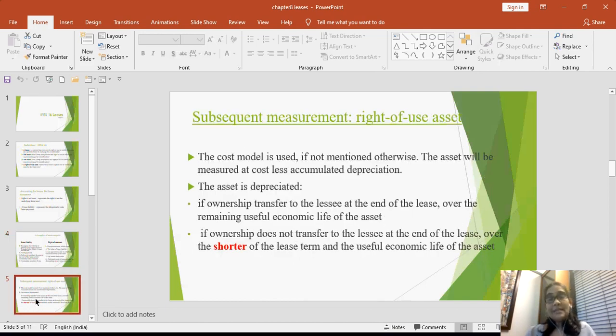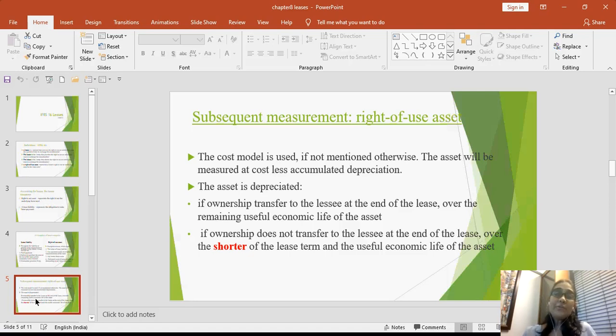What happens next? The subsequent measurement. As I said earlier, generally the asset is recognized at cost, and then this asset will be depreciated over the lease period. Now there are two things. It may happen that the lease period is shorter than the economic useful life of the asset.